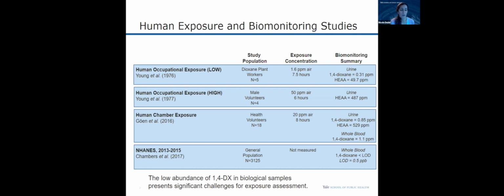They developed a rather sensitive method to quantify dioxane in human blood. But as you can see here, in the over 3,000 people sampled, they did not detect any 1,4-dioxane. So this low abundance of 1,4-dioxane in biological specimens is a significant challenge for exposure assessment.